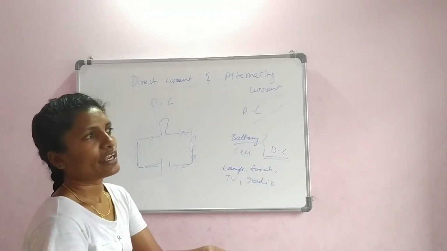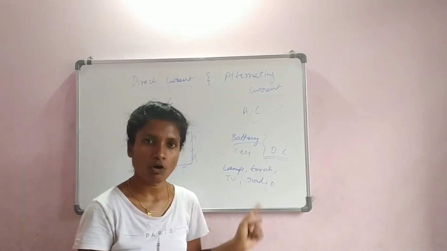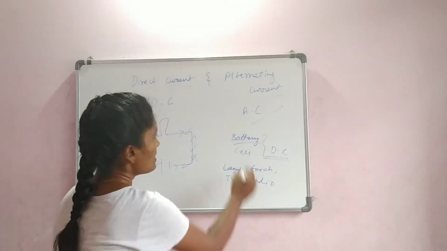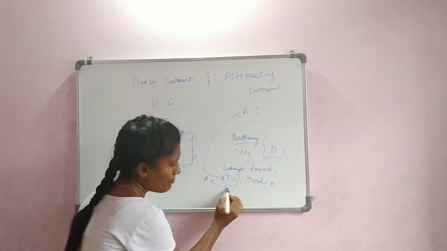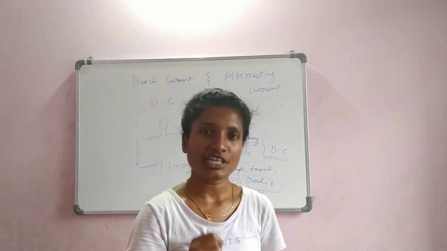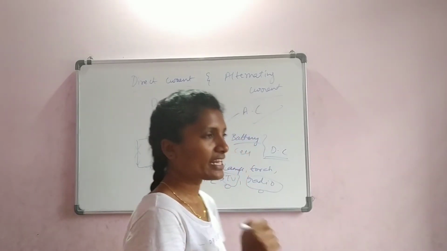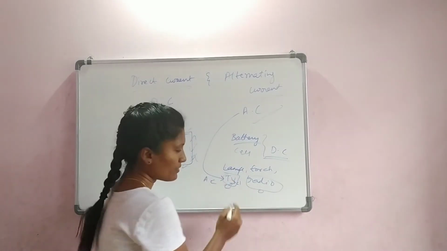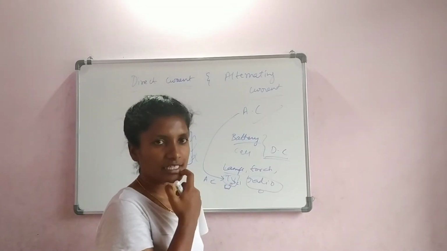But you can ask me a question, ma'am, TV and radio are used at home. You said home, in every house AC current is used. Yes, the TV and radio receives AC current, but there is an equipment inside TVs and radios which can change the AC current into DC current. Okay, AC to DC, they are capable to change. So they are using DC inside the system. But there is an equipment which is converting the AC to DC.